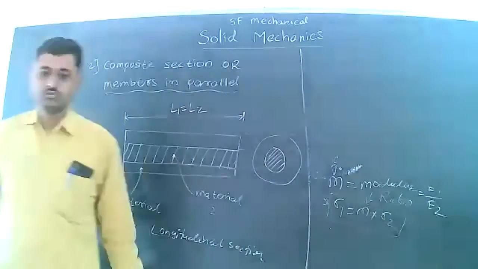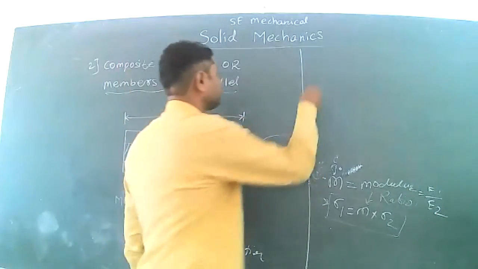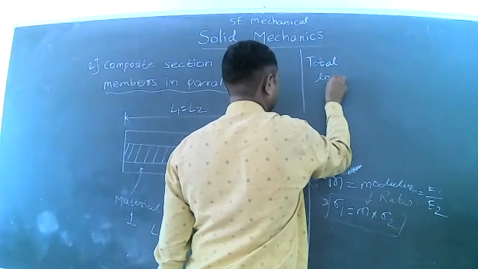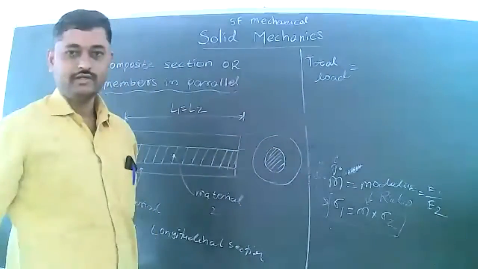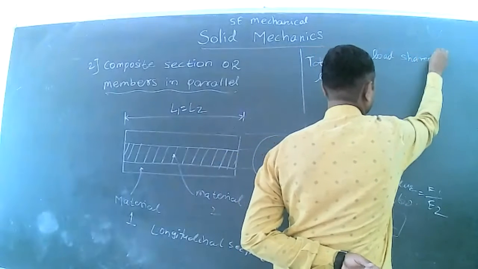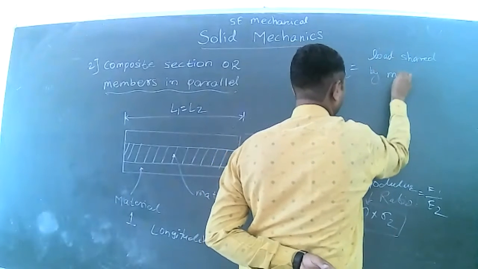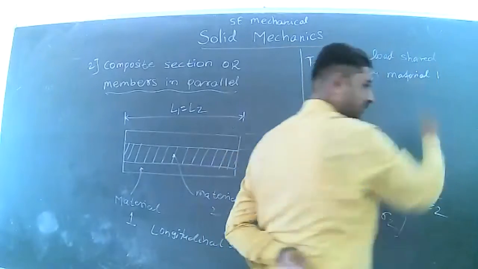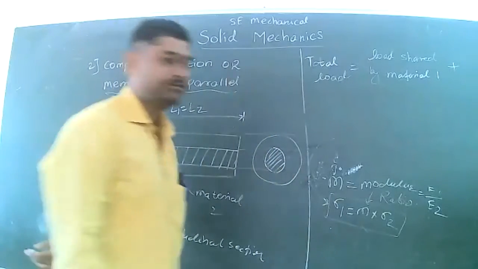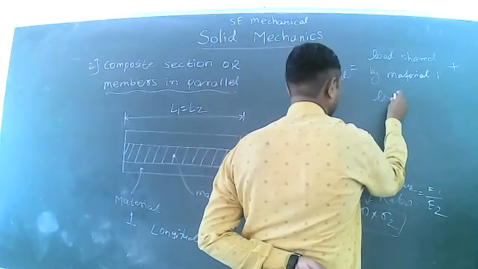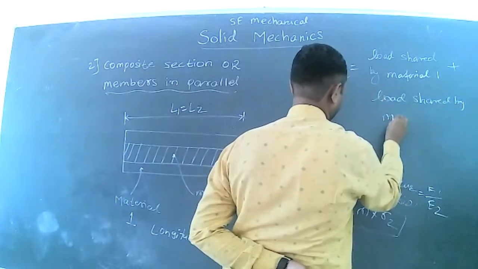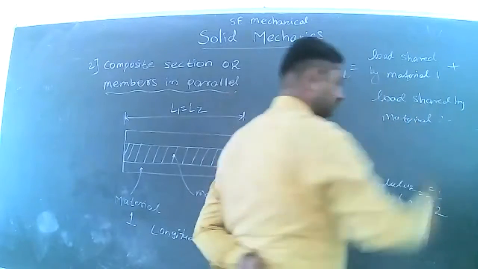Total load is nothing but the load shared by material 1 plus the load shared by material 2.